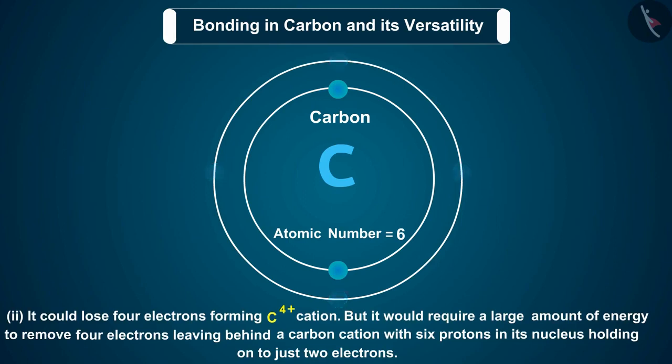It could lose 4 electrons forming C4+ cation. But it would require a large amount of energy to remove 4 electrons, leaving behind a carbon cation with 6 protons in its nucleus, holding on to just 2 electrons.